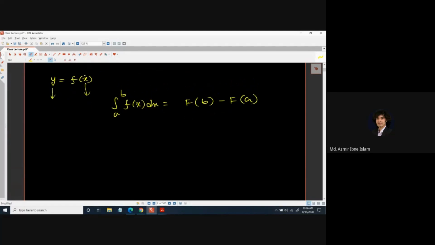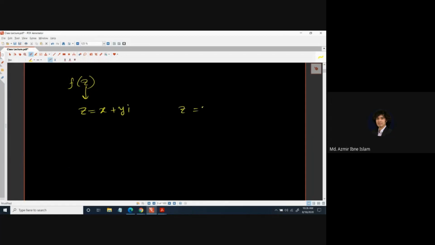That means f of x is a real valued function. But if we have a function f of z, z is a complex variable. z can be x plus yi, or in the form r e to the power i theta. So now we can easily say that this function is a complex valued function.